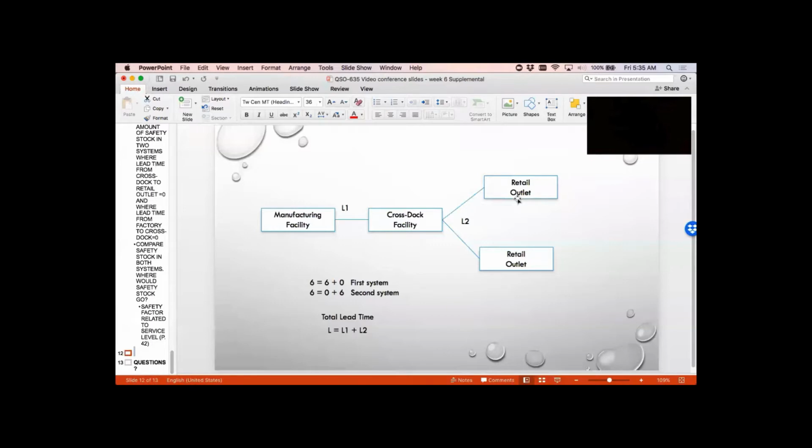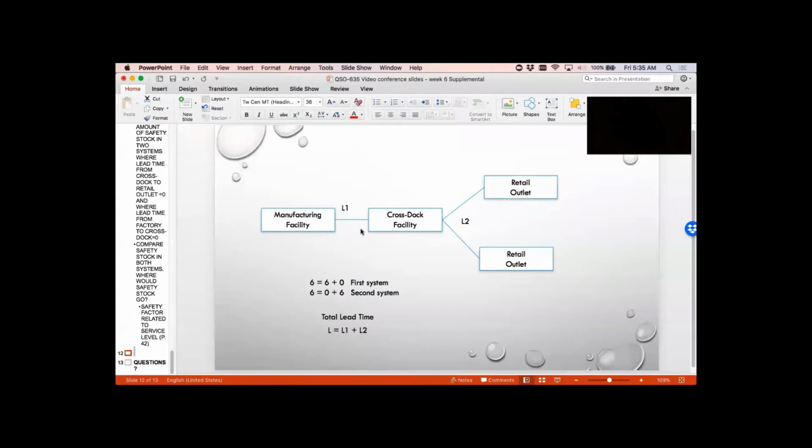Okay, basically you've positioned the cross docks right next to your retail outlets. If this is the case, then L2 will be 0. So in this case, I just use number 6. Obviously all the lead time will be located at L1.